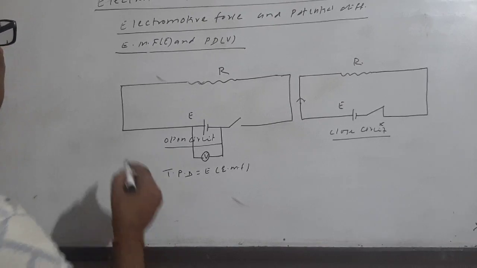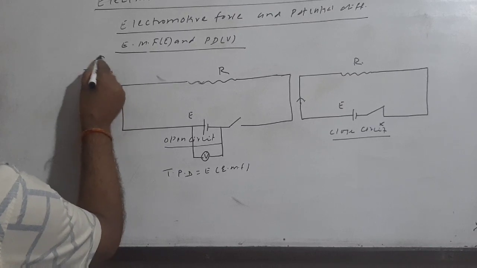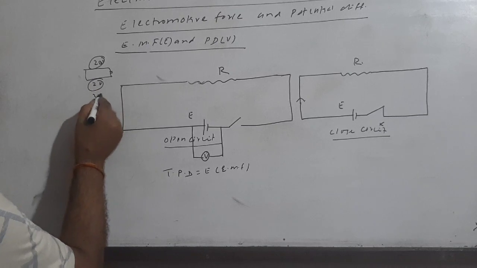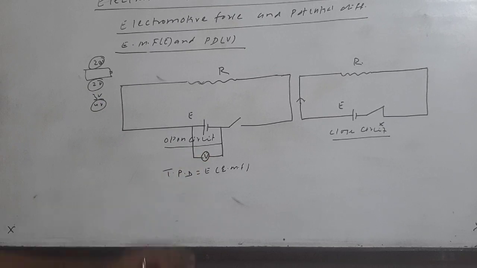If any cell is marked like 2 volt, 3 volt, 4 volt, it means this is the electromotive force, not the potential difference.